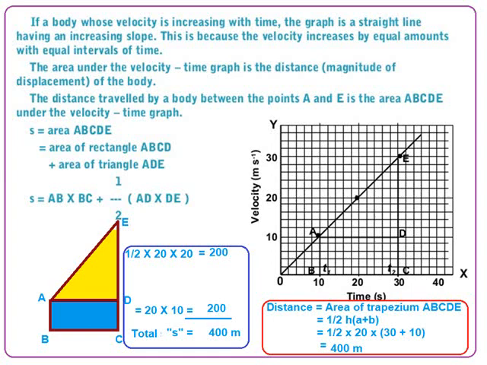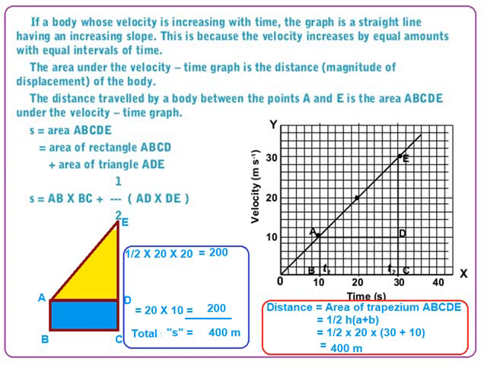So the distance traveled by the body between the point A and E is the area enclosed by the line AB. Now drop a perpendicular from A, it will meet the x-axis at B. Similarly, drop a perpendicular from E, it will meet the x-axis at C. Now the total figure that you get is represented on the left side, one with a triangle and another with a rectangle.